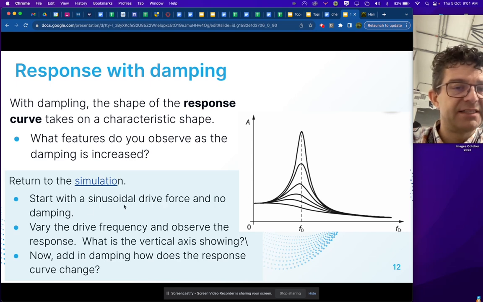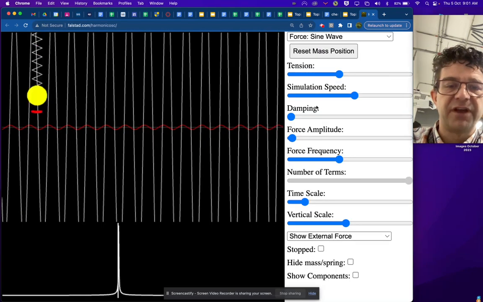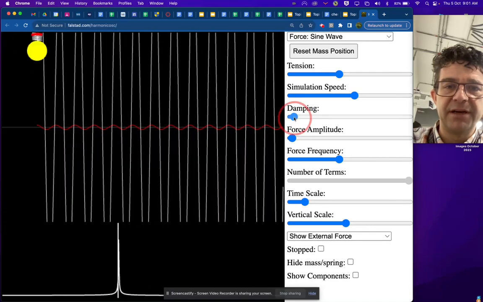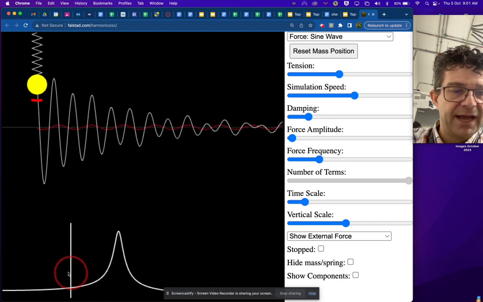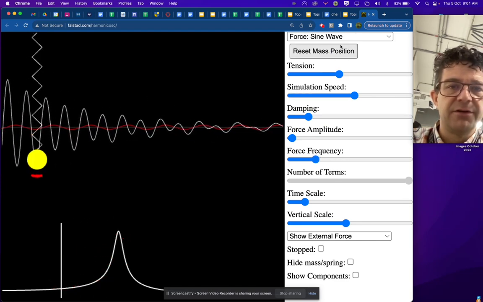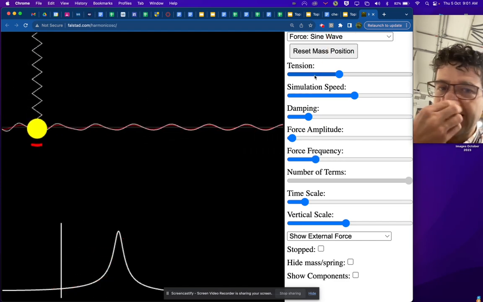So we're going to go back to that simulation. We're going to add some damping in and view how the damping changes the response curve. So I'm going to now put in a little bit of damping. And we're going to quickly go through this again, resetting with a little bit of damping.